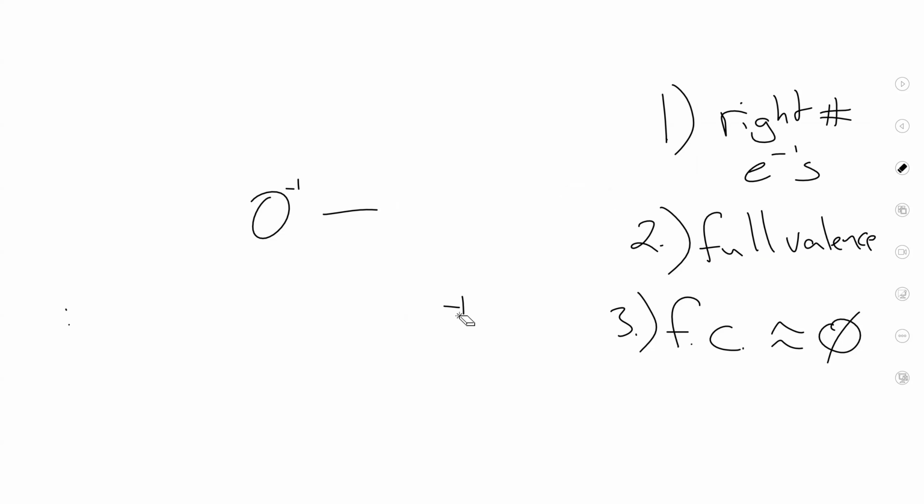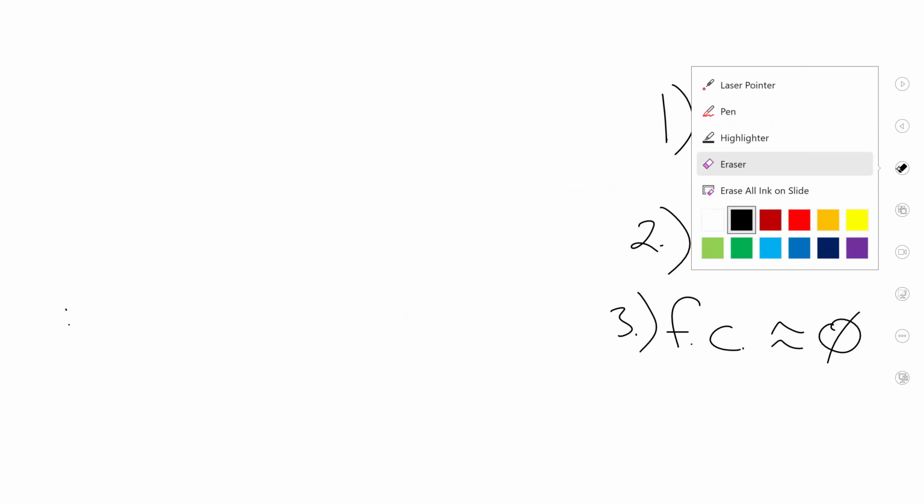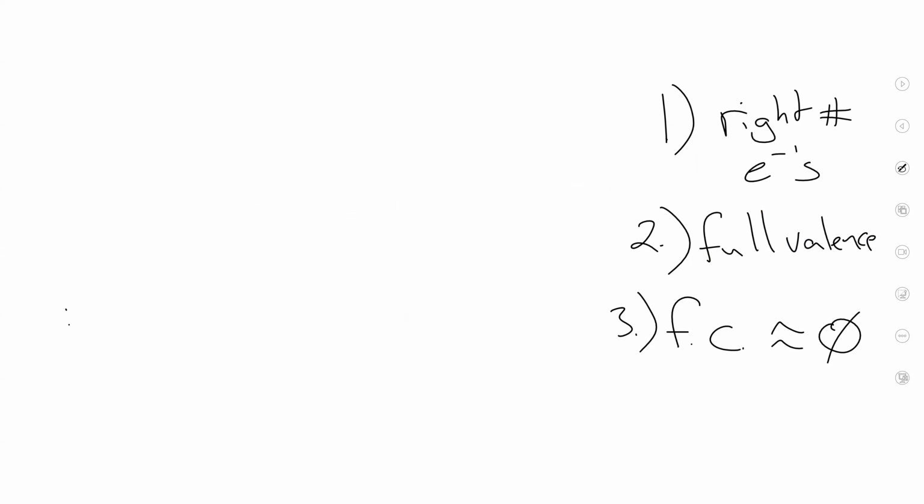So just to do one more example. CH3, CH2, with the positive charge. So the carbon that's neutral, we know how many bonds that's gonna have, right?